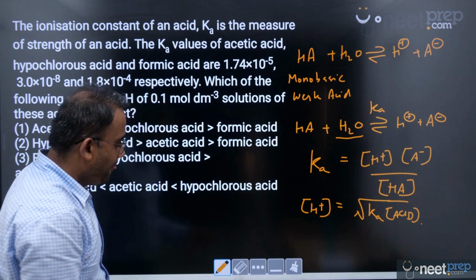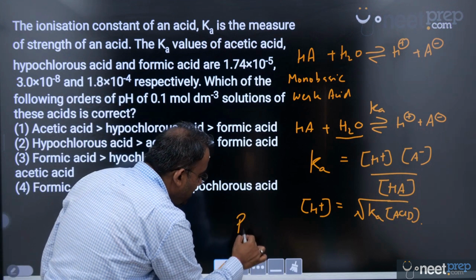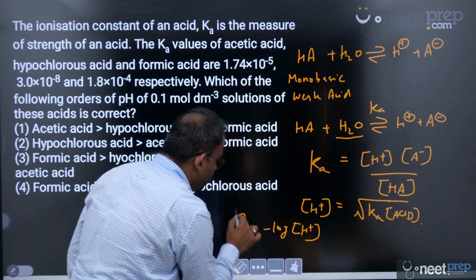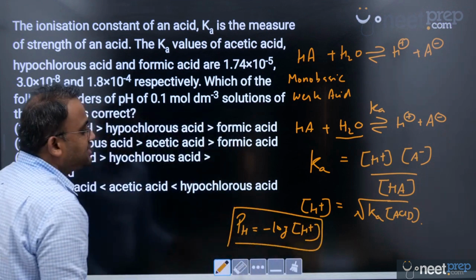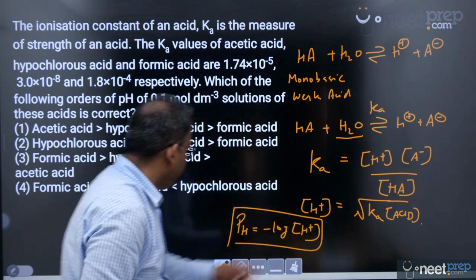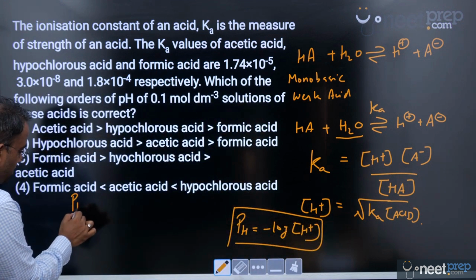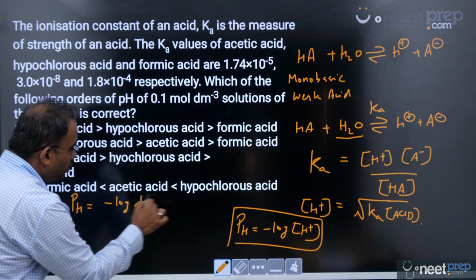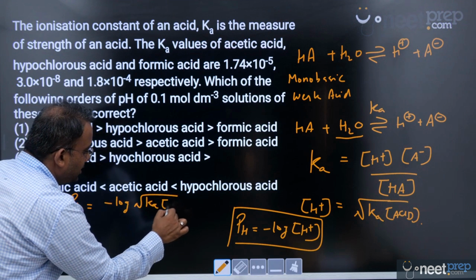And if I do some pH calculations, pH is minus log of H plus ion, and I substitute the value of H plus ion here: minus log of the square root of Ka into concentration of acid.